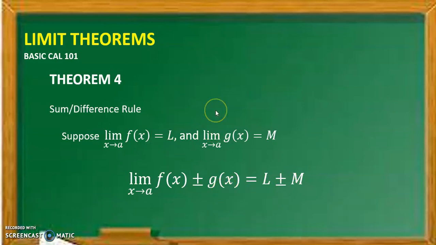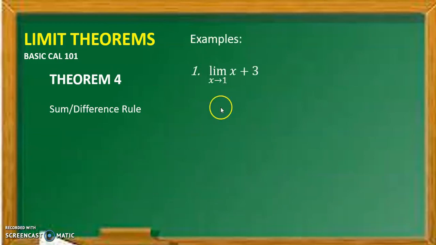So, para mas maintindihan natin, bigay tayo ng halimbawa. So, the limit of x plus 3 when x approaches 1. Tingnan nyo, plus po yan, no? Take note of that. So, therefore, by applying limit theorem number 4, paghihiwalayan lang natin at ipa-plus natin since this is plus.